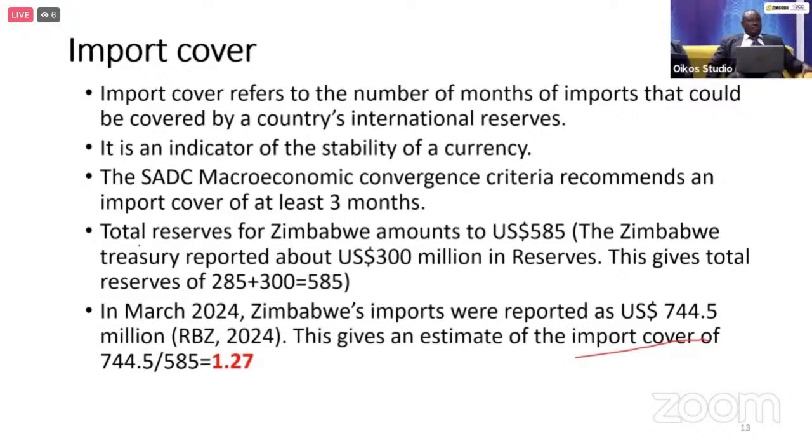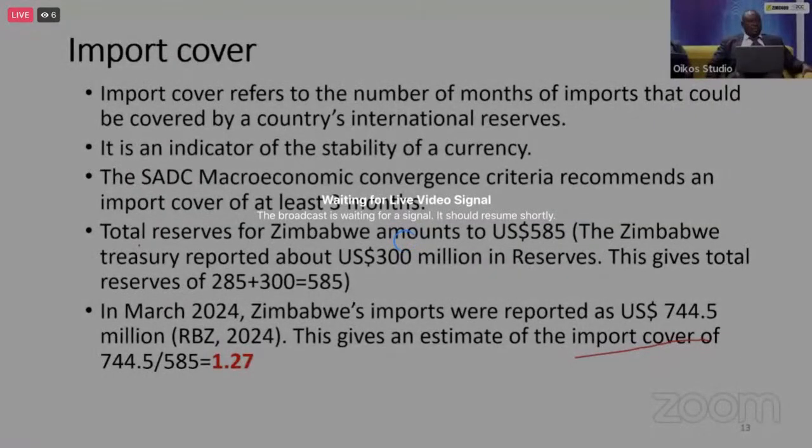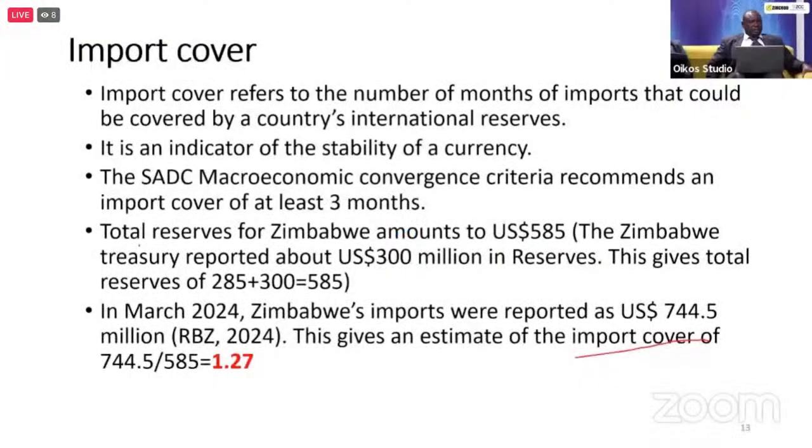We are trying to be very exact, if I may use that term, because there is also some amount equal to 300 million that was declared by the Zimbabwe Treasury, that they have got that amount of reserves.